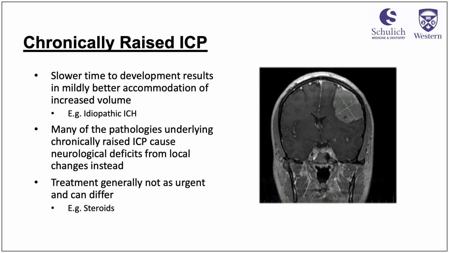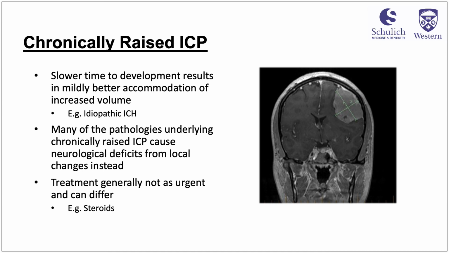It can still certainly happen with some of these pathologies, but for instance, with something like idiopathic intracranial hypertension, you can get quite high ICP before you really get all the symptoms and deterioration of your status.